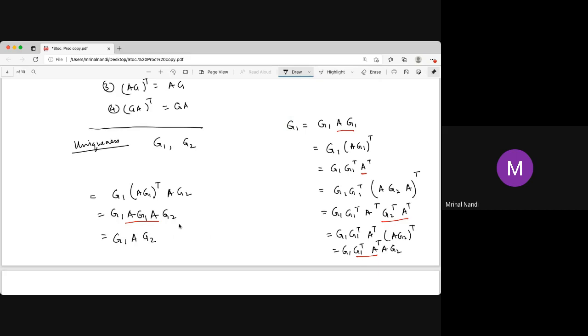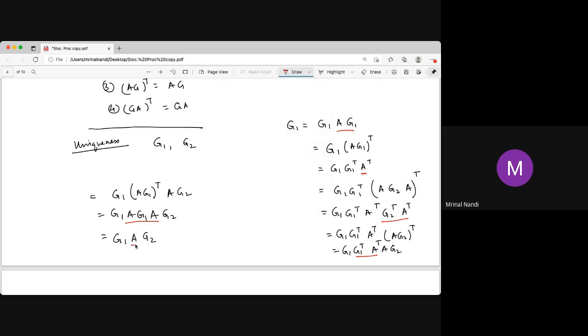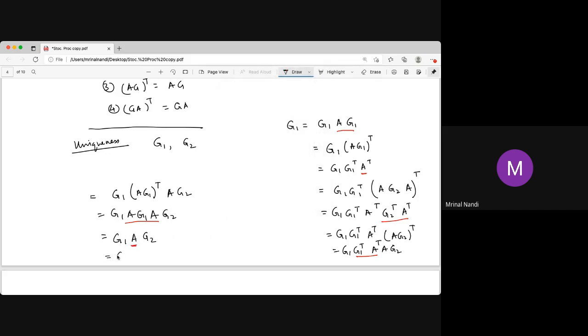Now again we use that A. Break this A to AG2A, because G2 is a g inverse.